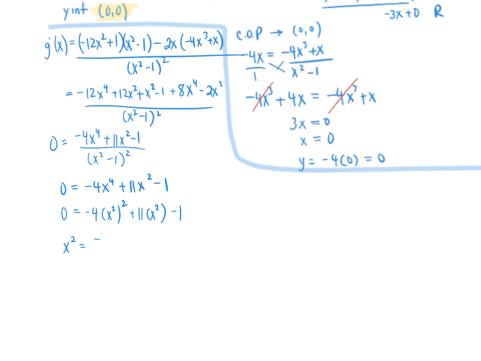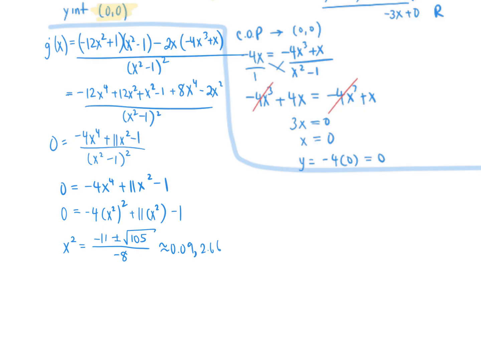And now, negative 11 plus or minus the square root of 11 squared minus 4 times negative 4 times negative 1. Just going to punch that into my calculator, save a little space, all over 2 times negative 4, so negative 8. Okay, and this is going to give us the values approximately 0.09 and 2.66, but that's what x squared is equal to.